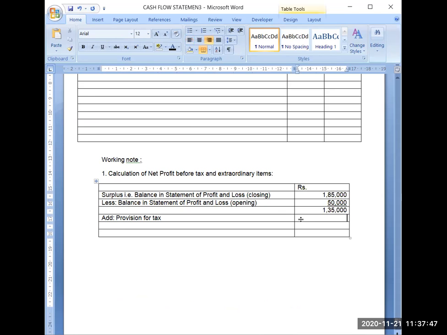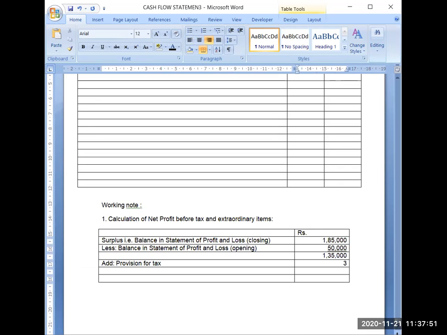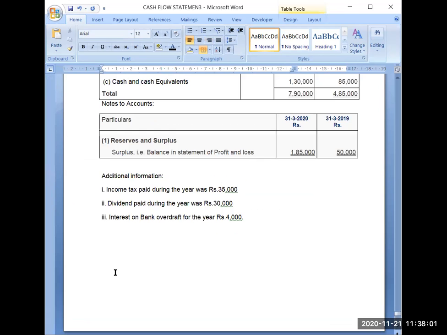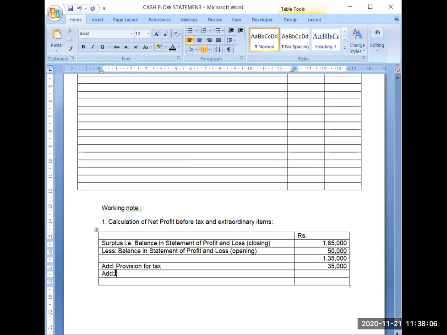This is given 35,000. Then we have to add the dividend. Dividend paid during the year was rupees 30,000. So dividend paid 30,000.